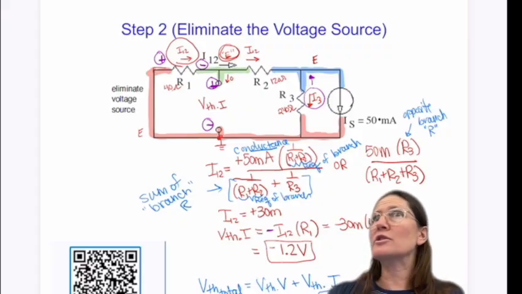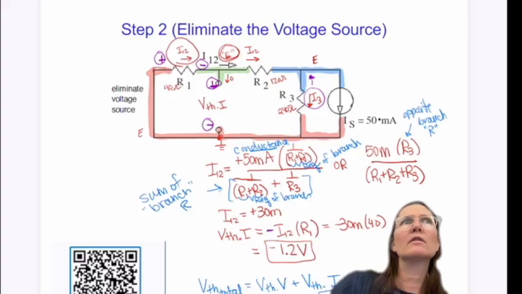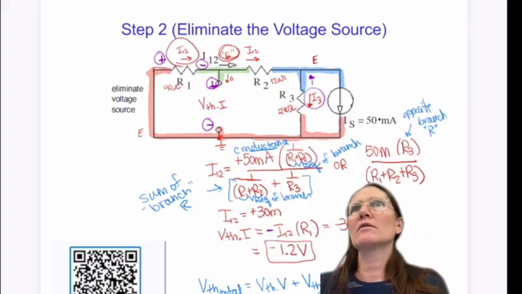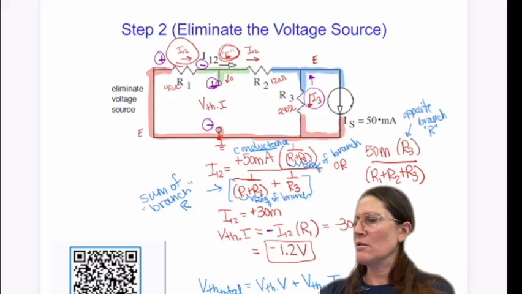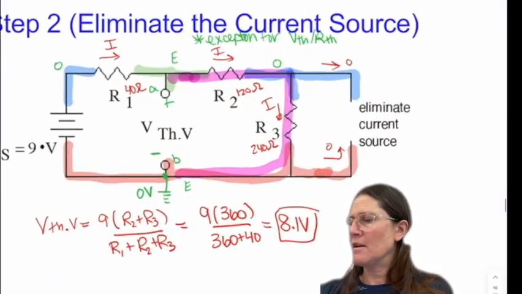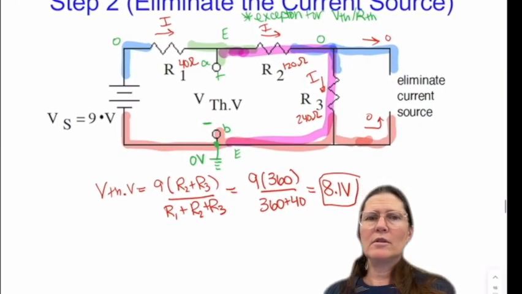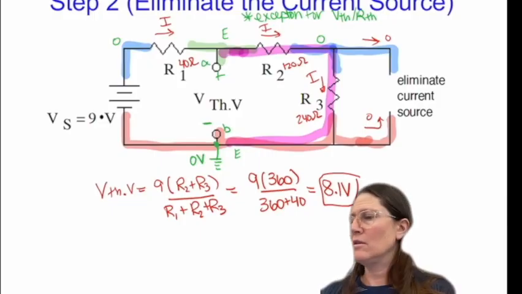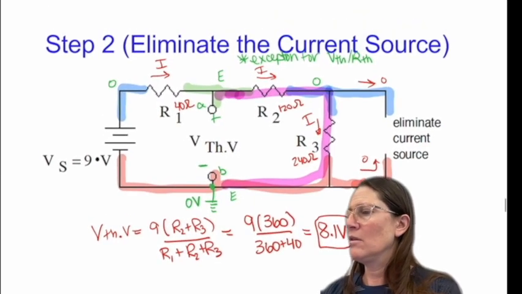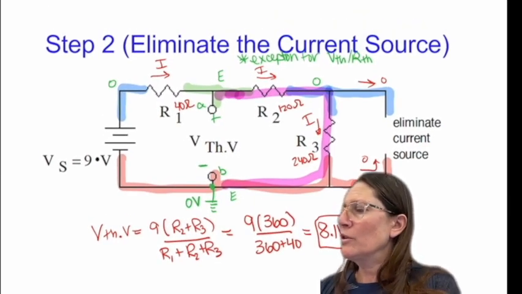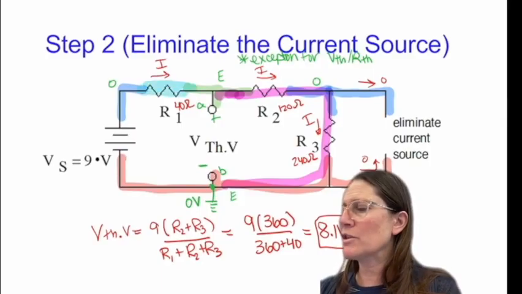All right, other questions? Yes. In the first part of the superposition, when you took out the current source, when you did a voltage divider, why did you choose to do the second and third resistors together rather than do the first one over the total? The first one is only going to give me the voltage across this element.